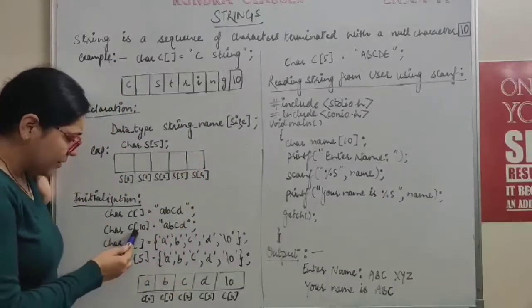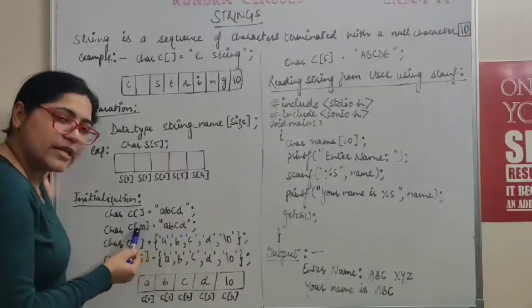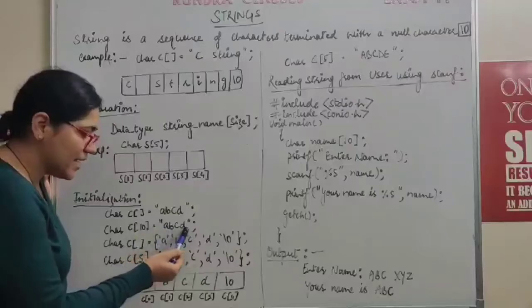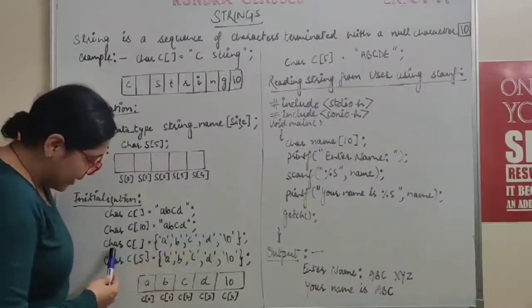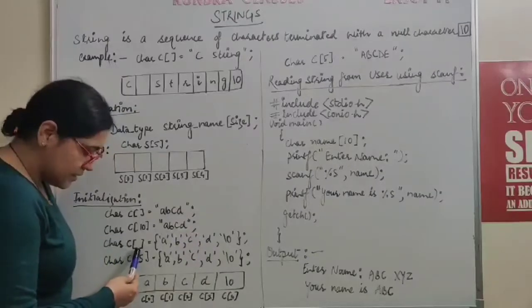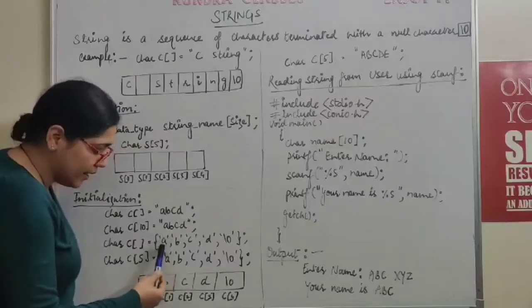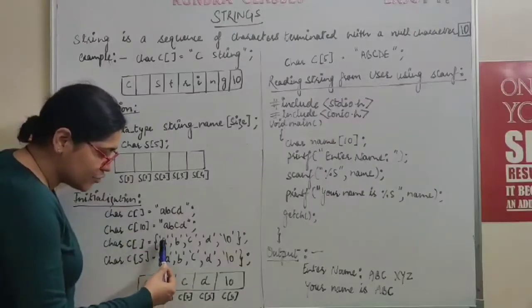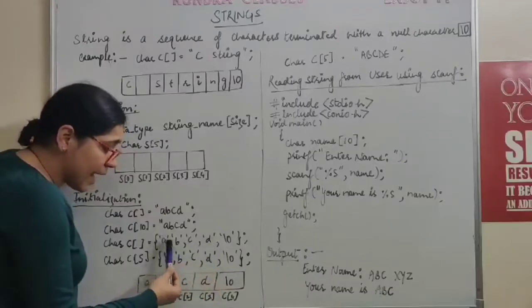So char C[10], "ABCD", size is mentioned as 10 and we are initializing the value ABCD. This is correct. These both statements are correct. Then char C, then again size is not mentioned and हम लोग क्या कर रहे हैं? We are initializing the string A, B, C, D separately, character by character.